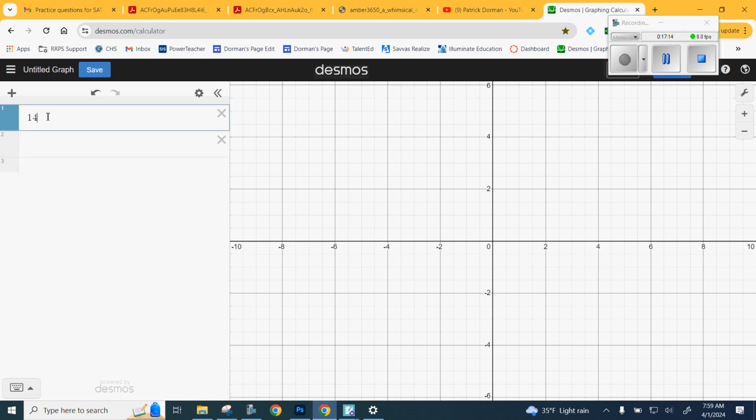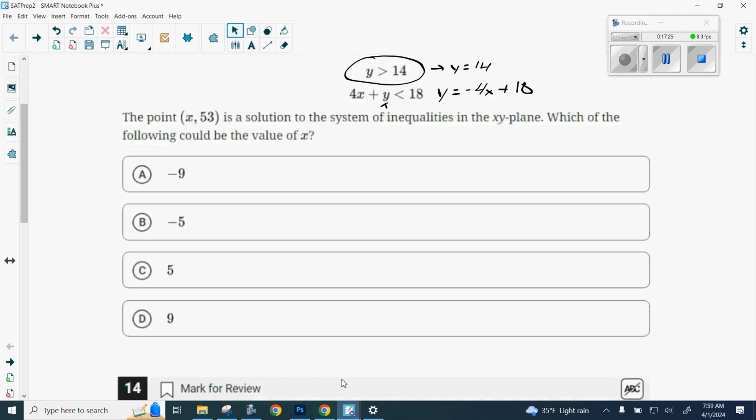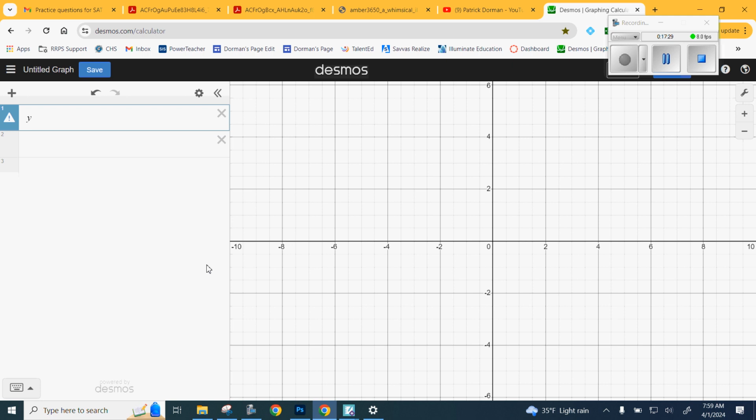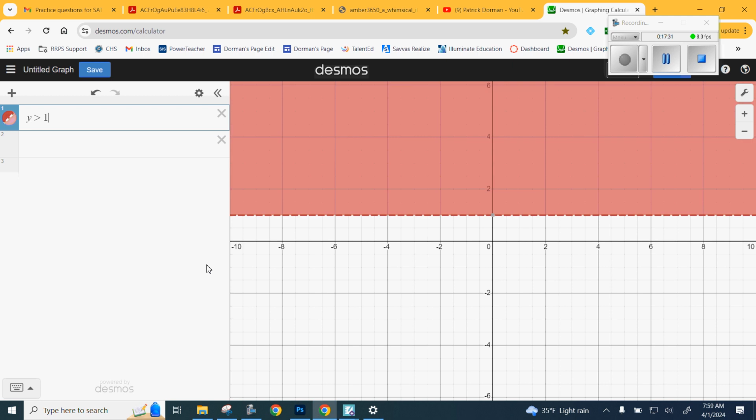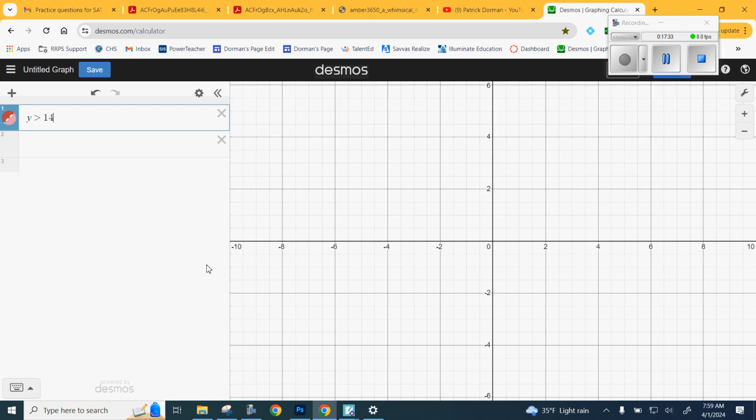Oof. Do you not like that? Can I put in an inequality and make this work in Desmos? I don't know, honestly. Greater than 14. Okay, it does like it. All right.